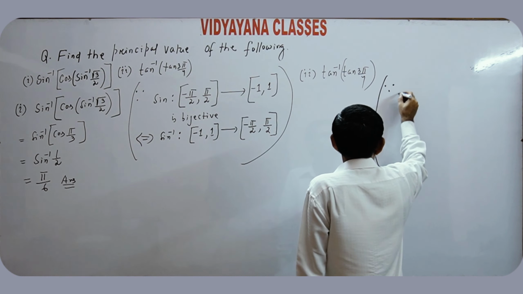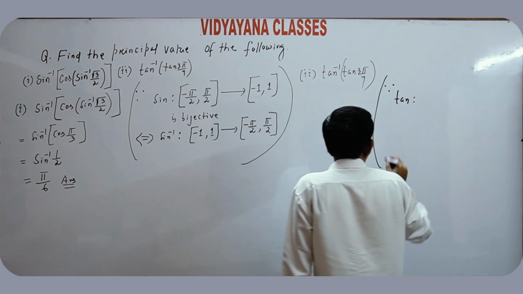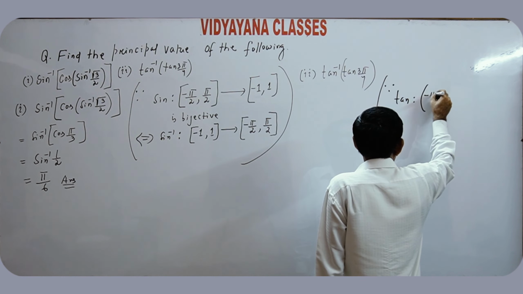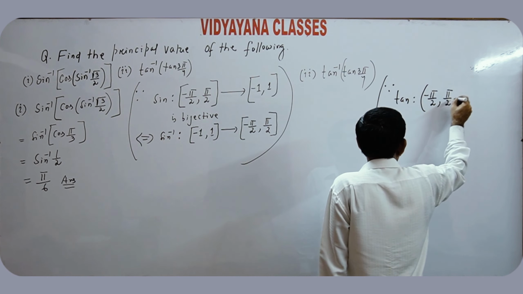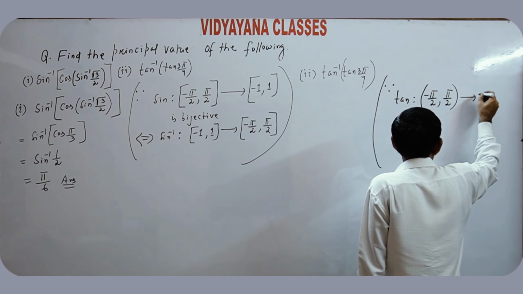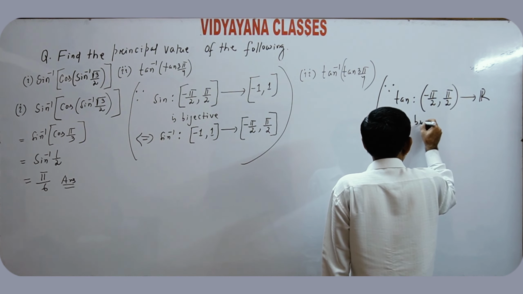Since tan is defined from the open interval (-pi/2, +pi/2) to the set of real numbers, it is bijective.